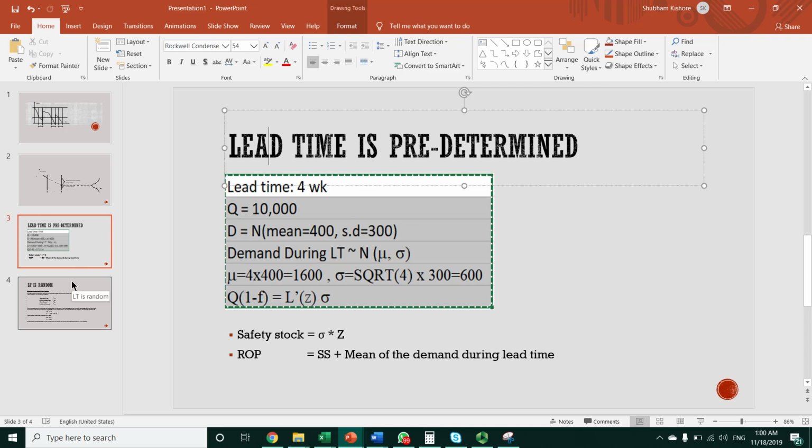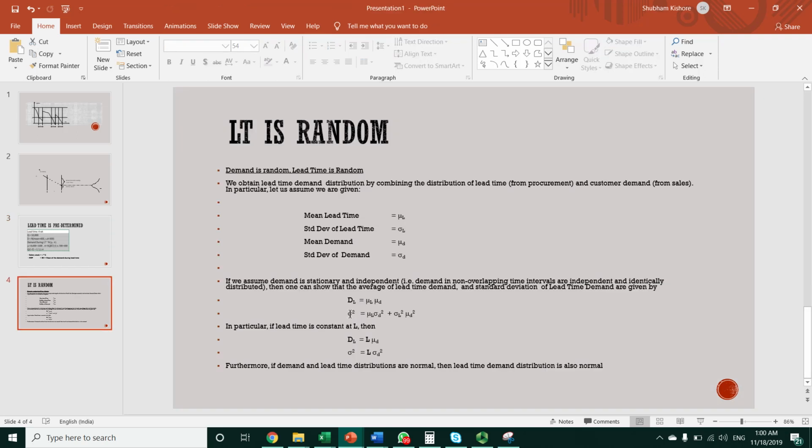If lead time is random, then you need to calculate the standard error during the lead time using this formula, which is sigma squared equals mu of L, which is the lead time, multiplied by sigma squared of the demand, which will be constant, I guess, and then sigma squared of the lead time multiplied by mu d squared, and then take the square root. Sorry, excuse me, this should be mu squared over here.